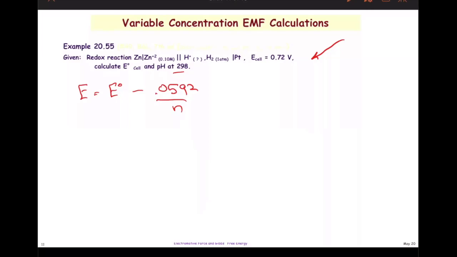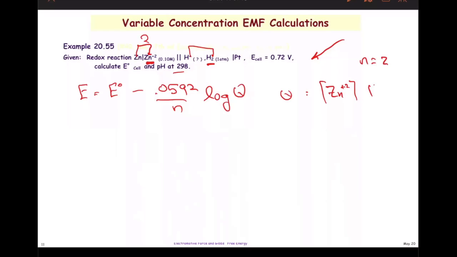Even though hydrogen is a 1-electron transfer, zinc dictates that it has to be a 2-electron transfer. So n, in this particular case, is 2. 0.0592 log Q. Q is going to be your products, and your products are zinc plus 2 and H2. So it's zinc plus 2 and H2 over reactant, and your reactant is going to be zinc metal, which is constant, and H plus.